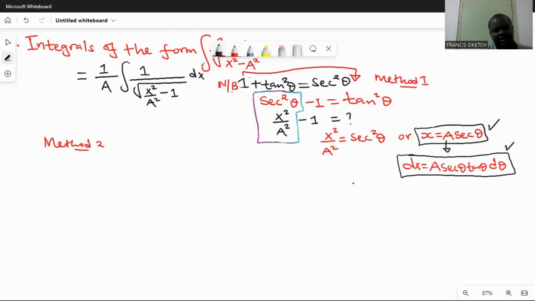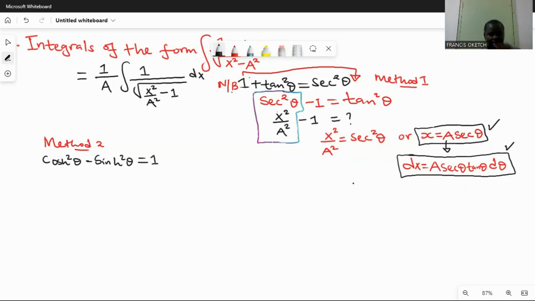We take note that cos hyperbolic squared theta minus, not plus, I said it's minus, and I explained that when I was talking about hyperbolic functions and hyperbolic identities. So this should be minus sine hyperbolic squared theta. That should be able to give us 1.